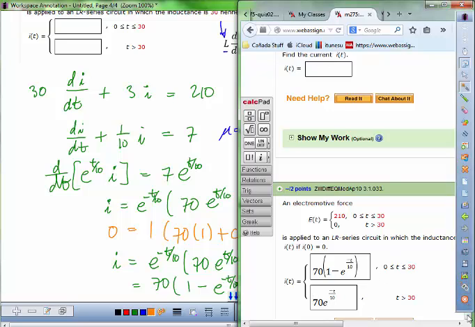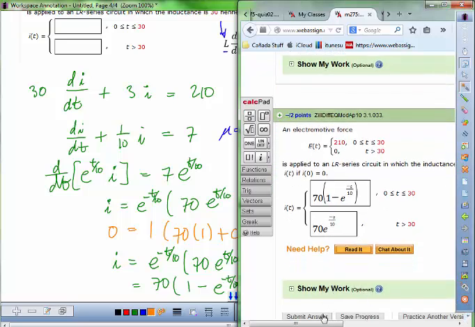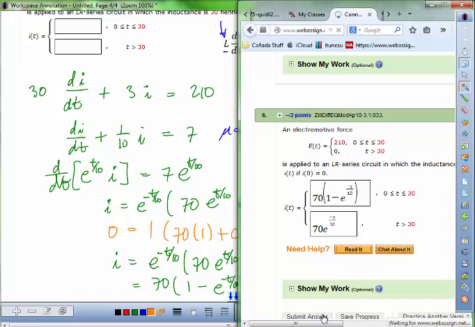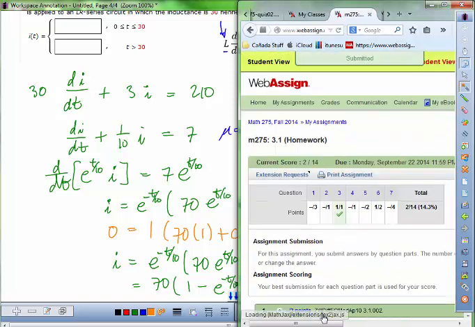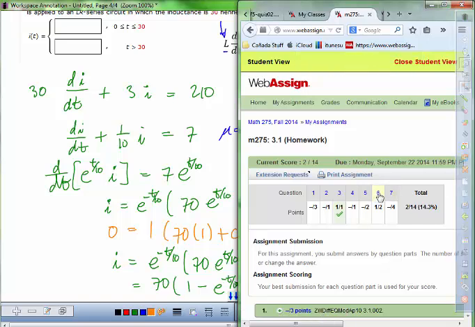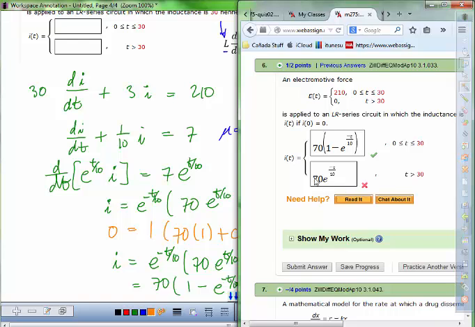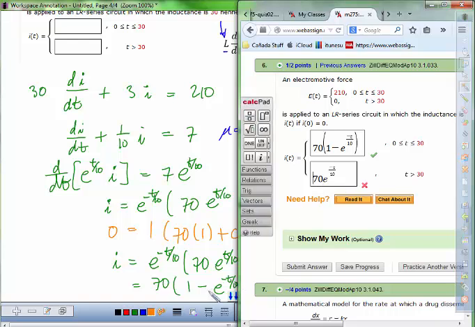We'll see. Oh, just 0? Would it just be 0? The whole thing 0? Right.